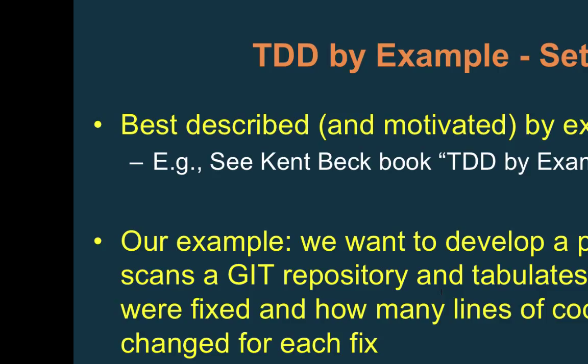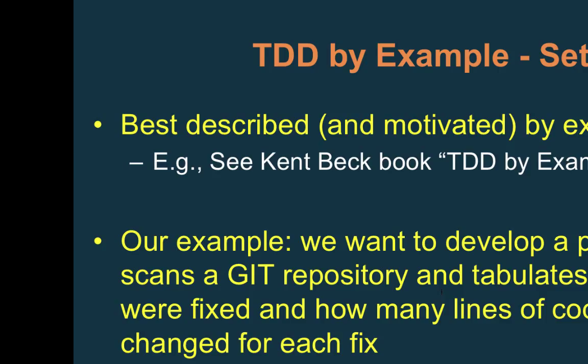Okay, so what will I do? Instead of just sitting here and saying you should eat broccoli and stuff like that you don't believe, I will actually sit down and show you how I would use test-driven development for developing a small script, the kind of script that once in a while we feel the need to develop.